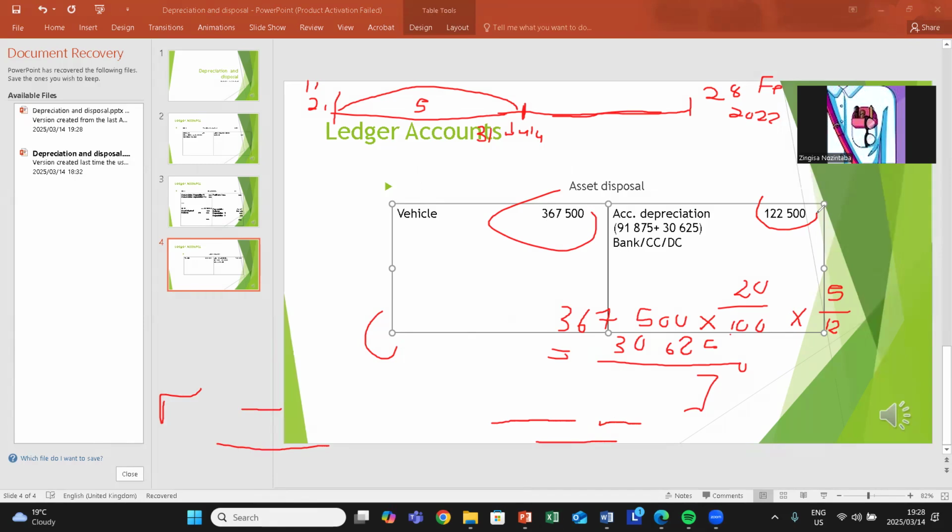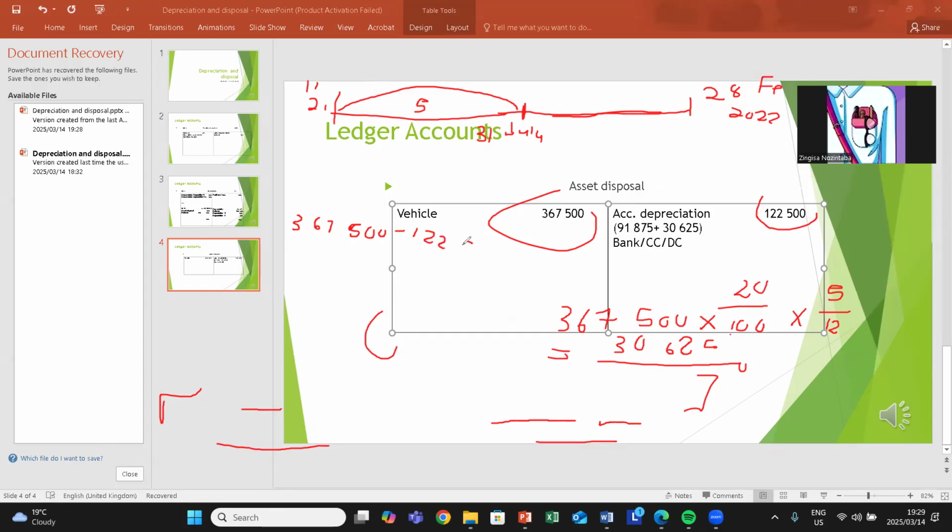How do you get our carrying value? You get it by saying cost, meaning 367,500, minus accumulated depreciation, in which accumulated depreciation amounted to 122,500.